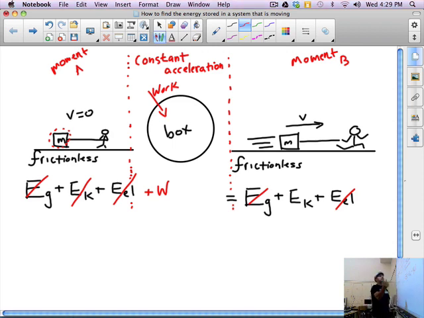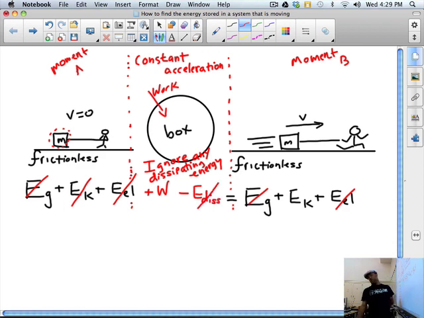All right? And we're going to ignore dissipating energy out of our system. Cool. So we would subtract E dis in this equation, but I'm going to cross it out because we're going to ignore it.